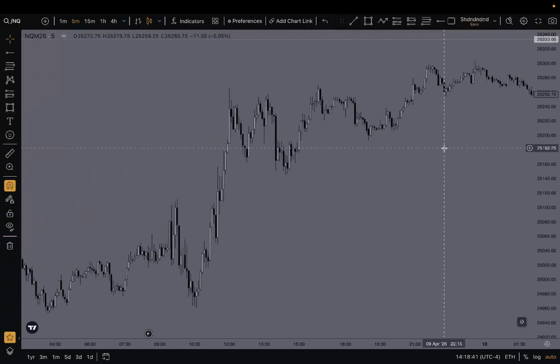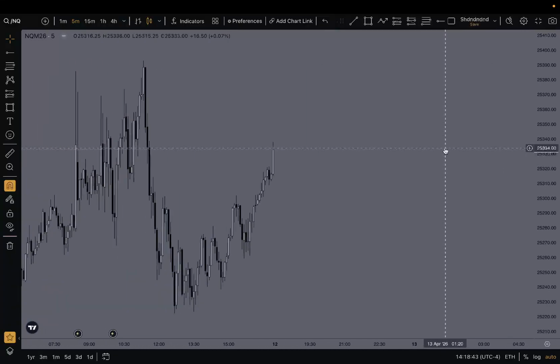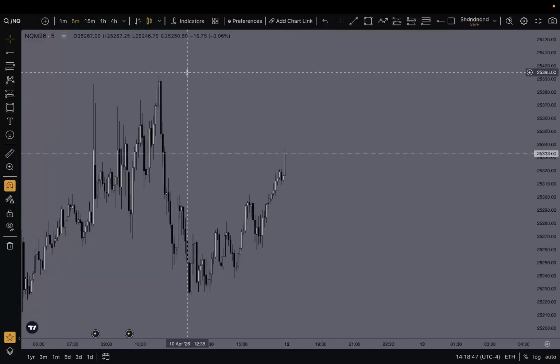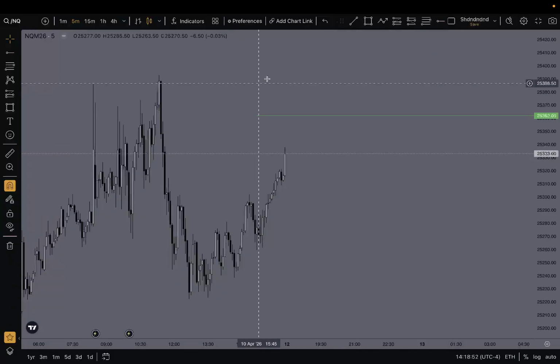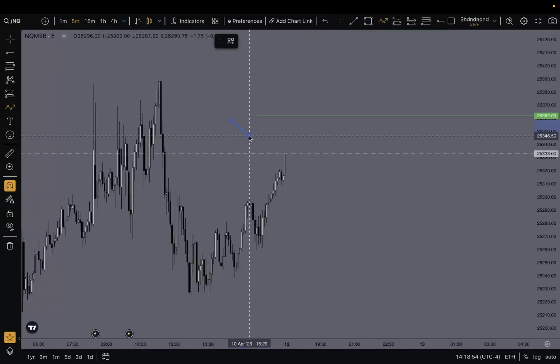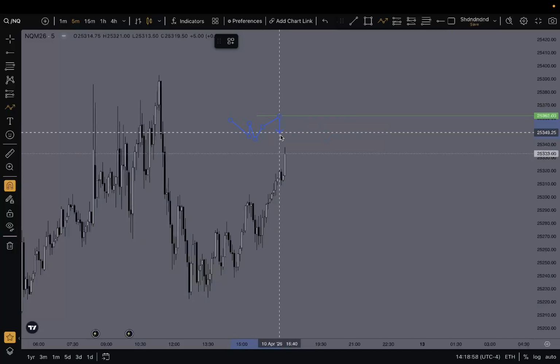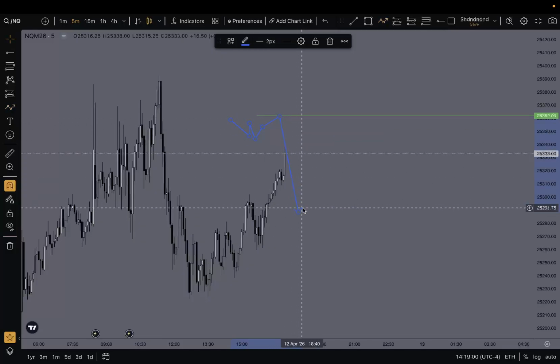So I wouldn't take a trade just off it. If there was no level, like if all we had was a random 10A open here and we're just chopping around, and then we come to tap in, I wouldn't have a limit there just to sell randomly.